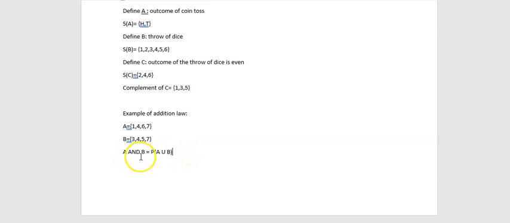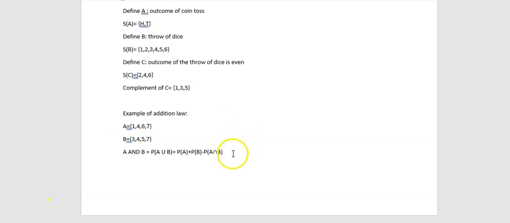So event A and B occurring at the same time is denoted by the symbol U. Probability of A union B is equal to the probability of A plus the probability of B minus the probability of A intersection B, which is denoted by the symbol of an inverted U.